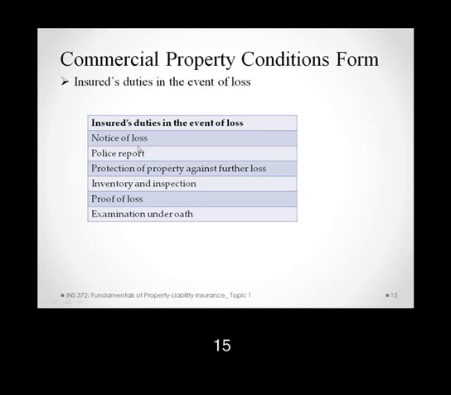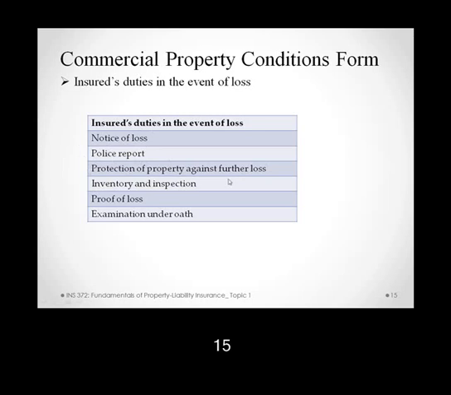The notice of loss basically will prevent moral hazard, and so does the police report. Now, people are less likely to make a fraudulent police report, but they are more likely to make a fraudulent insurance claim. So involving the police report will deter some people from making fraudulent insurance claims.